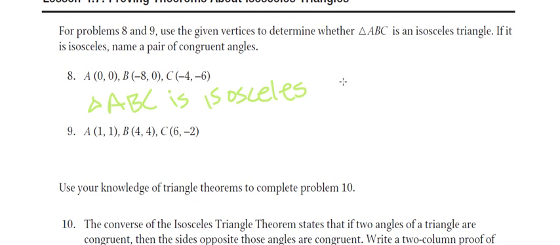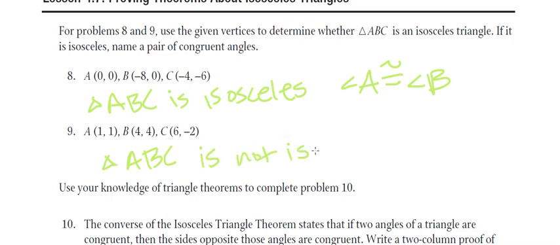So based on the information, I got that angle A would have been congruent to angle B. Then for number 9, I got that triangle ABC is not isosceles. So when I went and found the side lengths for each of the sides, it did not have 2 sides that were congruent, therefore it was not isosceles.